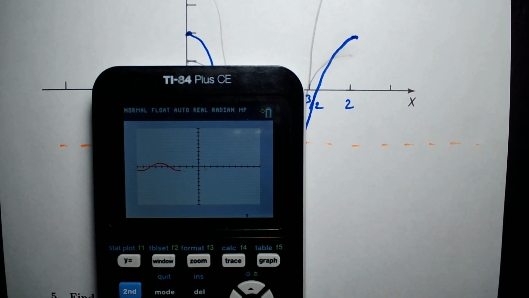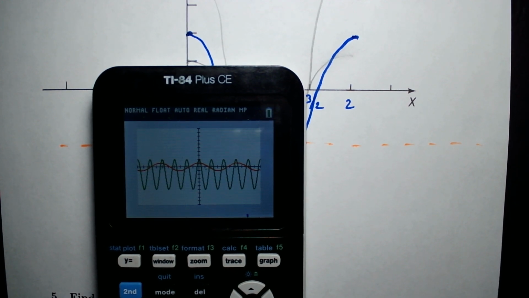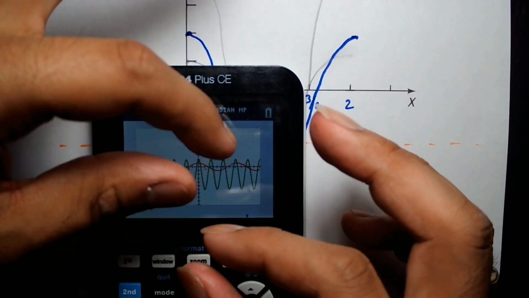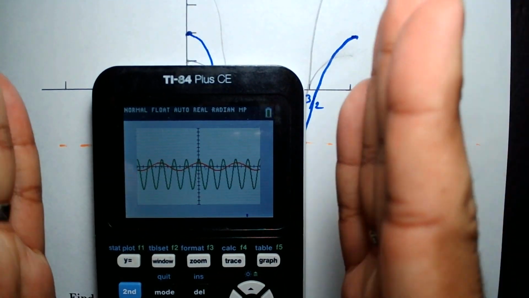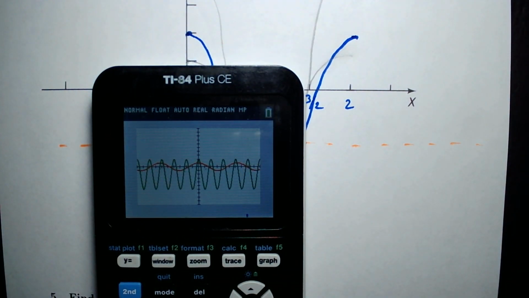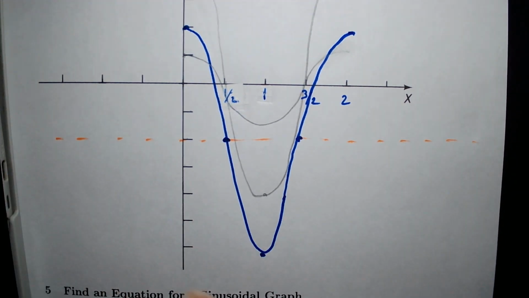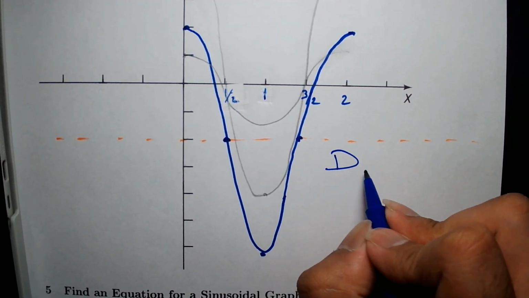It's going to draw the original, and see how it's shifted down and also stretched vertically, so it's taller, but it's also skinnier as opposed to the original function.